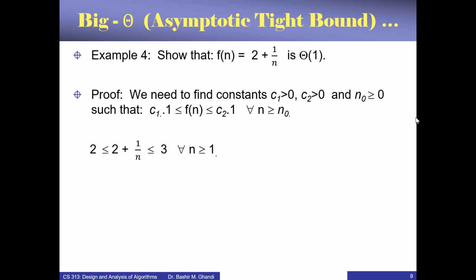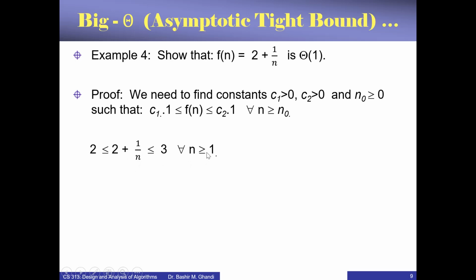Now again here, the left side, in other words, finding c1 is very easy. We just need to take the 2. 2 is going to be less than or equal to the same 2 plus some fraction, as long as n is not negative. Of course, not 0 also, because if it is 0, this fraction is not going to be defined. I mean, this term will be undefined.